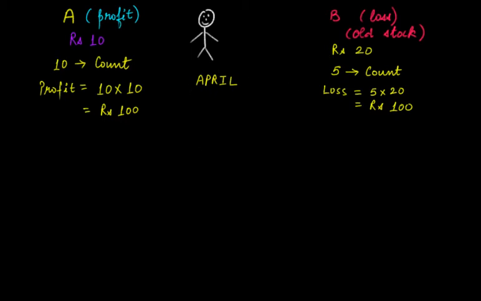Now you can clearly see that the profit that you are making by selling item A is 100, and the loss that you are making by selling item B is also 100.